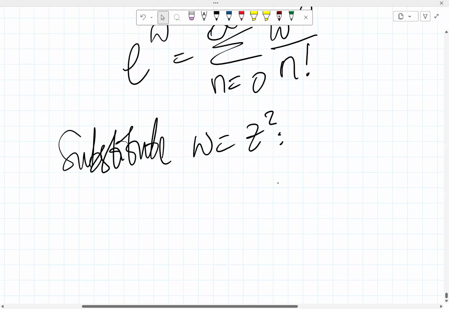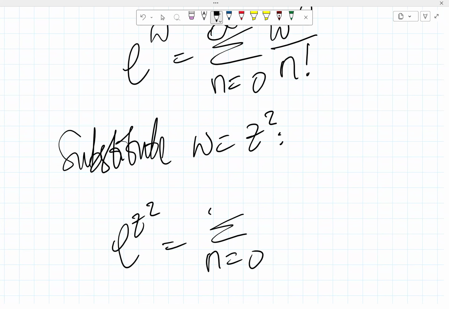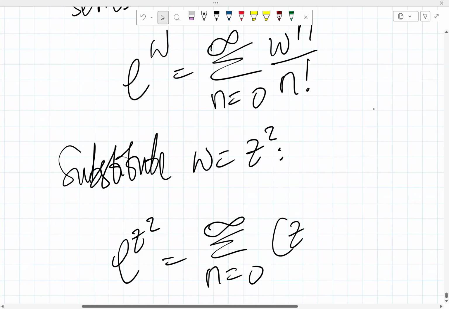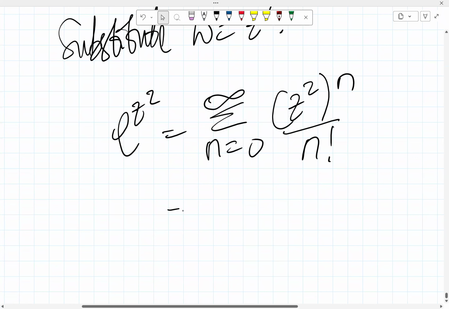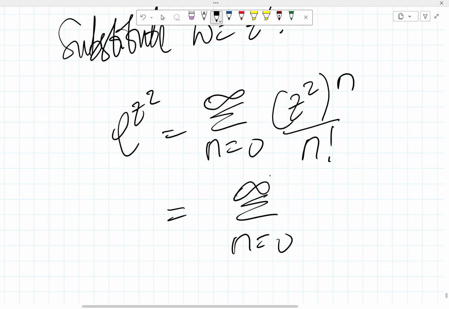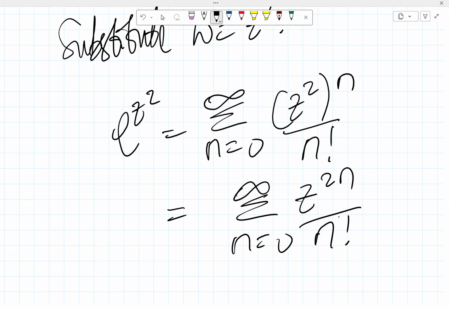So in that case, we have e raised by z squared equals summation from n equals 0 to infinity, where w is z squared, right? So that's z squared all raised to power n all over n factorial. So if that is the case, that means we have summation from n equals 0 to infinity of z raised by 2n all over n factorial.